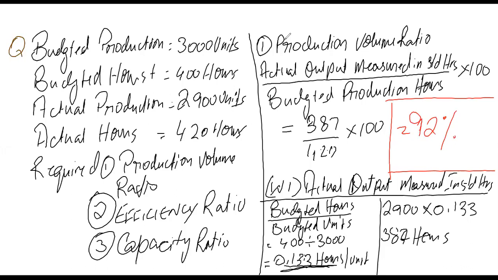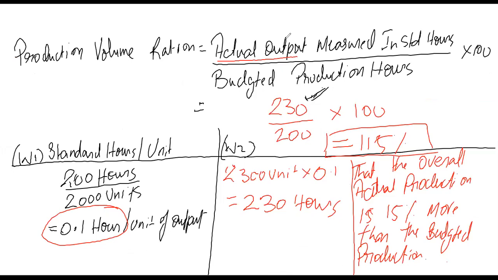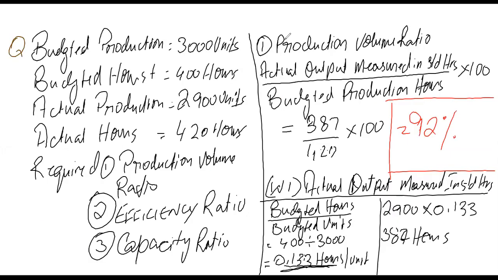This means that the overall actual production is 15% more. In this scenario, we can safely say that we were able to produce less than the budgeted hours. Our production volume is not as good as it should have been in comparison with the budgeted hours.